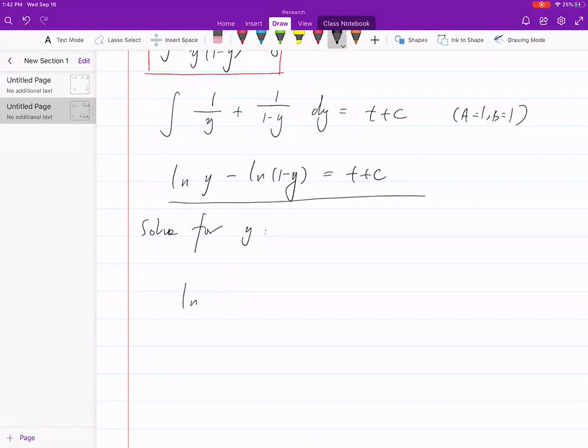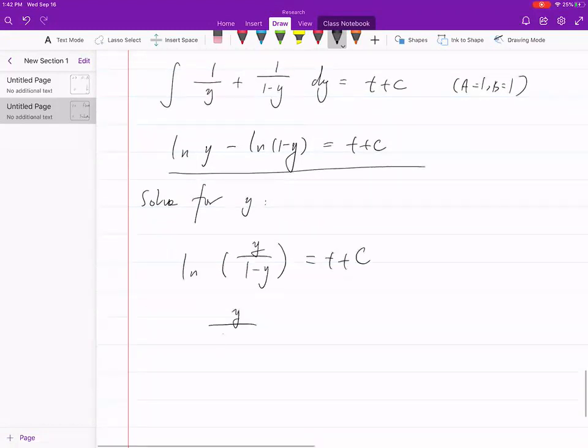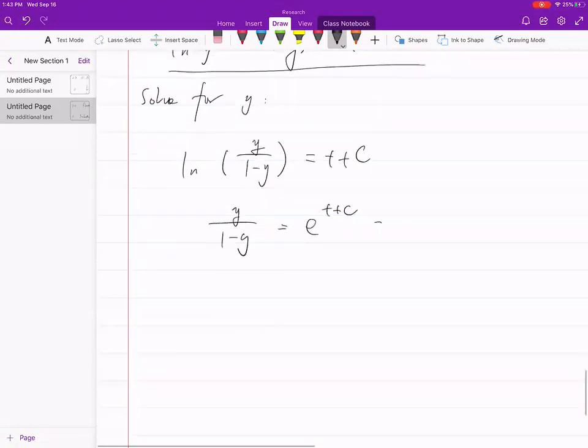So ln of y over 1 minus y, sorry, equals t plus c. Now it's safe. That's y over 1 minus y equals e to the t plus c, which is c times e to the t, if you replace e to the c to be c.